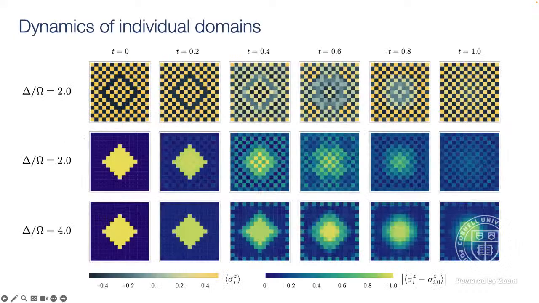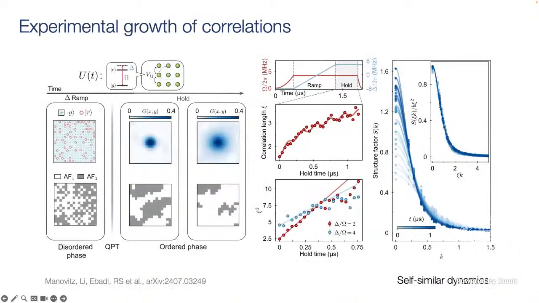Absolutely. So let's take a look at these pictures. For instance, here, this is plotting the expectation value of sigma z or sigma x on any given site. And you can see that even though I look at the expectation value, I can see that this domain gets eaten up. Now, if I look at my experimental pictures, I take a snapshot. What do I see? I don't see anything which looks as beautifully ordered as I showed before.